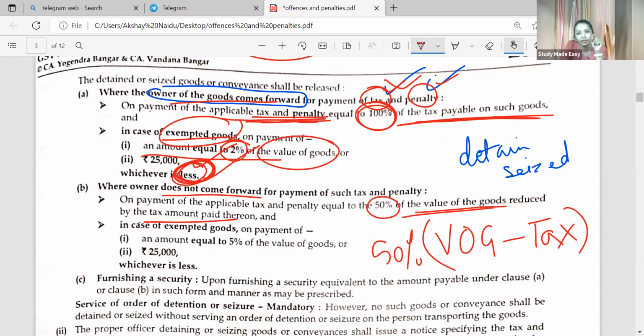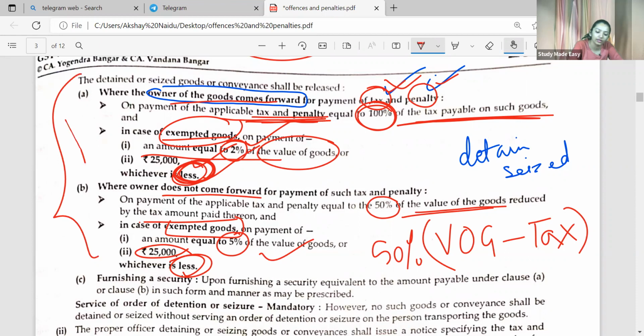Value of the goods minus tax paid, 50%. And for exempt goods, here it was 2% of the value, here it is 5% of the value or 25,000, whichever is less. So 25,000 at most you have to pay for exempt goods if the owner doesn't come forward. So 5% of the value of goods or 25,000, whichever is less.